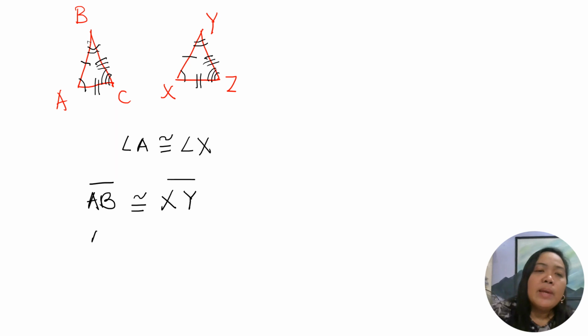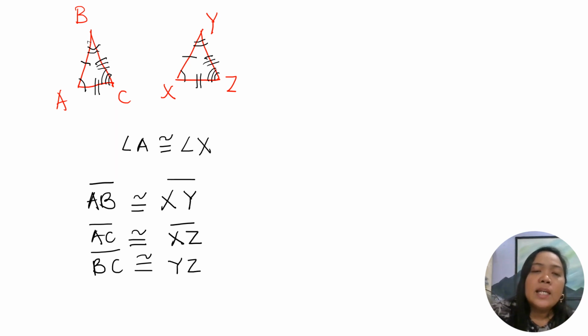Also, segment AC there is congruent to segment XZ, the corresponding parts. Then, we also have the corresponding part, segment BC, which is congruent to segment YZ.